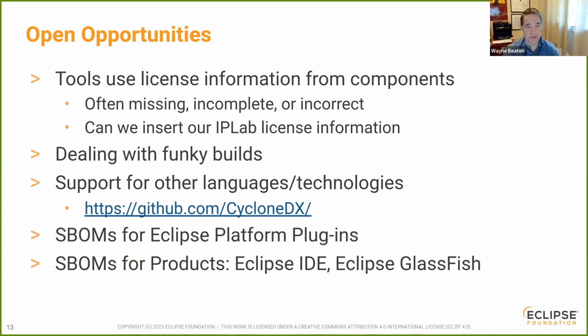What I've asked you to do right now, for example, does not consider the information that we've gathered about licenses in our IP lab. So one of the opportunities here is to figure out how to capture that license information more completely and correctly by our curations.